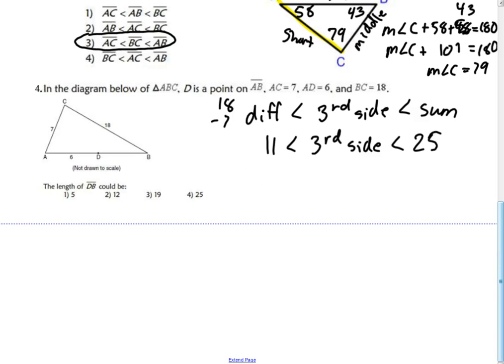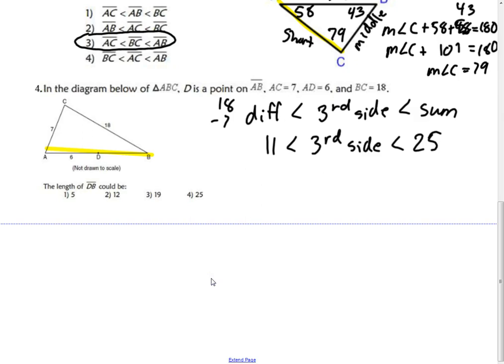Another way to understand this relationship is that any two sides added together have to be bigger than the third side. Which number, if we include it, would make this whole side AB fit that condition? We have to add it together. Would 5 work?